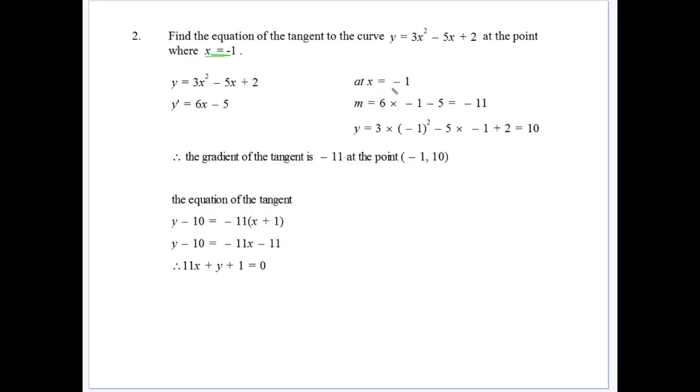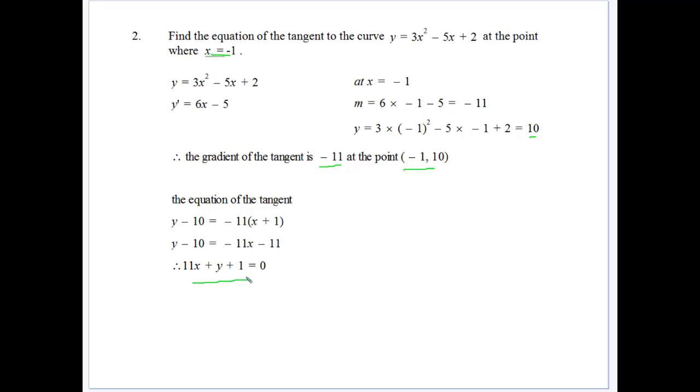And we put minus 1 into our function: 3 lots of minus 1 all squared, minus 5 lots of minus 1, plus 2 gives us 10. Again, be careful with all your negatives and positives in both equations to get our point and our gradient. We substitute into the point-gradient form of a line, expand out, and collect our terms together to get the equation of our tangent.